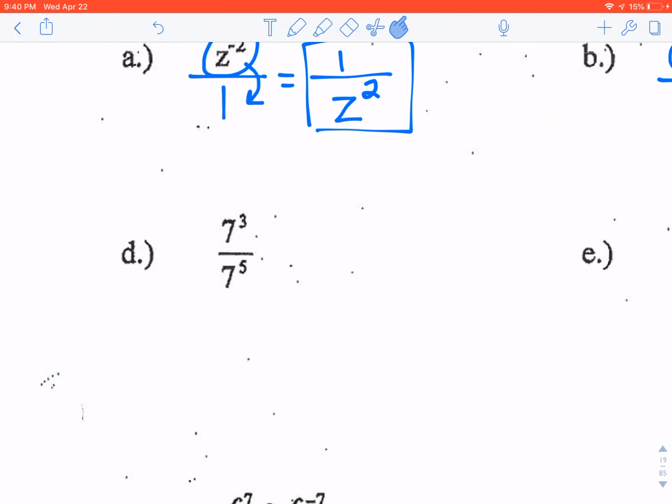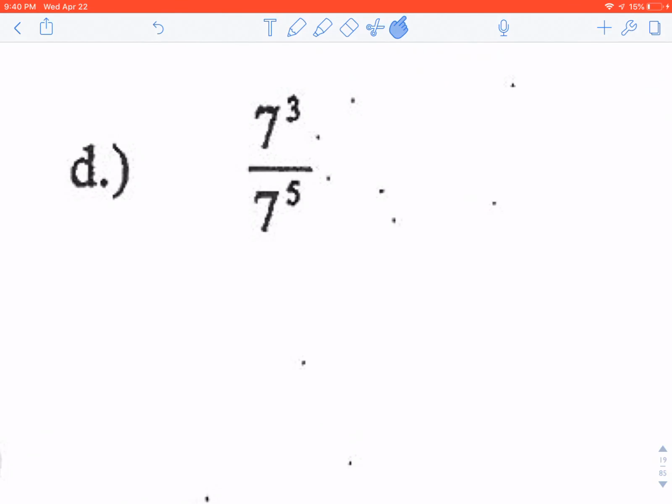All right, letter D is a little different here. Letter D does not have any negative exponents. But this does follow property 2, which is when you divide the same base, you subtract exponents. So we're going to keep our base the same, which is 7. Subtract the bigger exponent minus the smaller exponent, and keep your answer where the bigger exponent is.